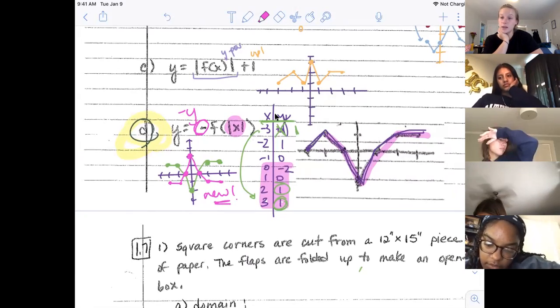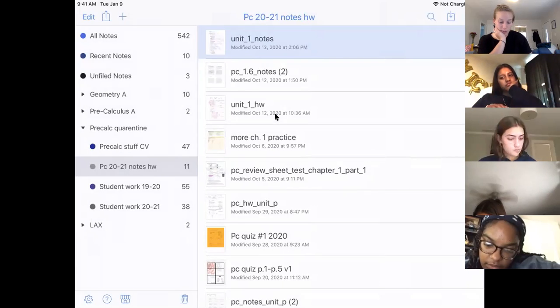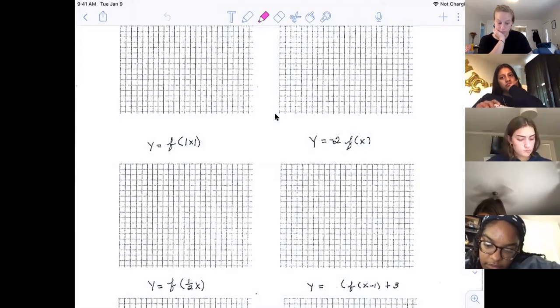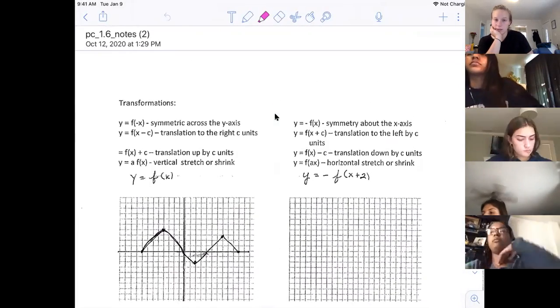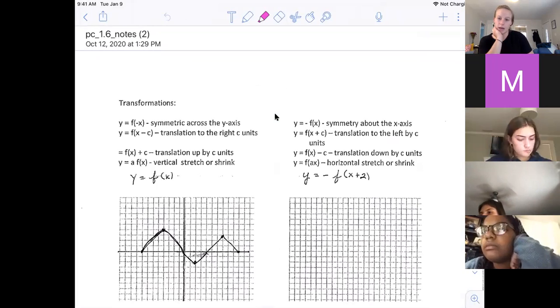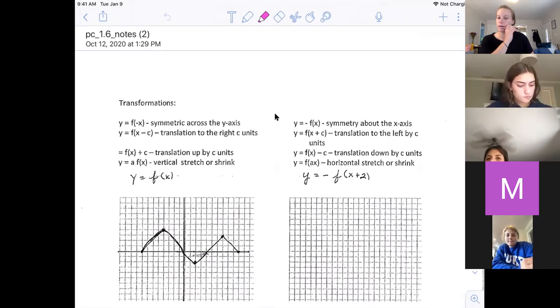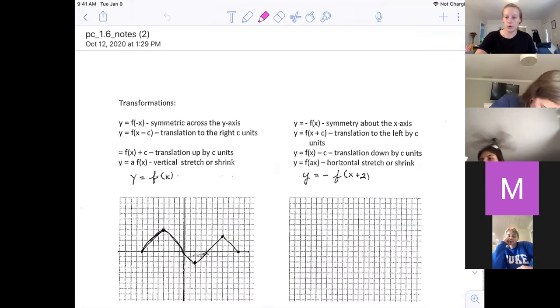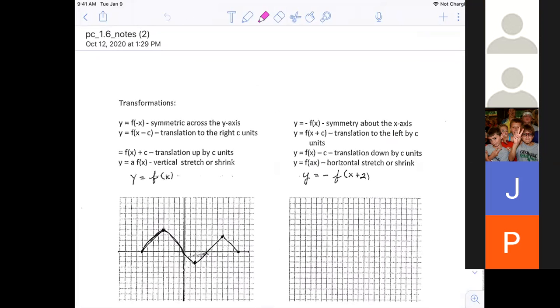Okay, when you're done looking at this, I want you to go to the other sheet. The one that looks like this. And I know I might lose some of you because it's probably on your iPad, if that's okay. The cool thing about this sheet is at the beginning, it has these transformation guides.